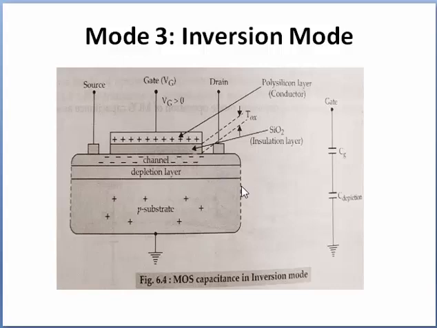This creates an n-type channel due to the effectively inverted silicon on the surface. This surface inversion layer yields a very high conductivity under the gate of the MOS device, that is the inversion layer. This one is the depletion layer, and this is the P substrate.